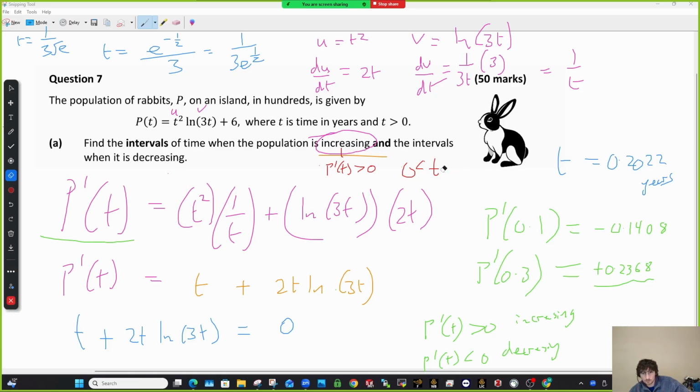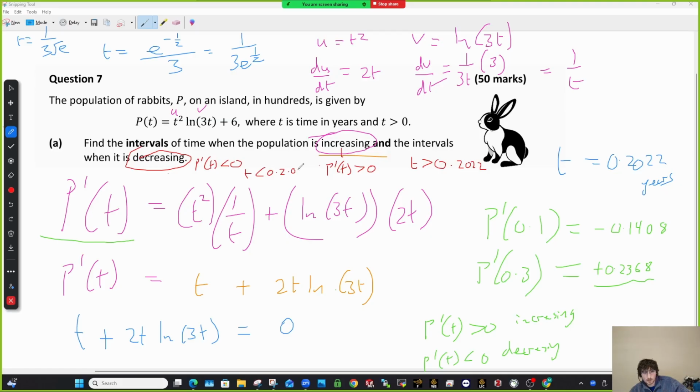Actually, as we said, when you're right of the turning point, you're increasing. So when p dash t is greater than 0, that's when t is greater than the turning point, 0.2022. And when we're decreasing, that's when you're left of the turning point, so where p dash t is less than 0, that's when t is less than the turning point.